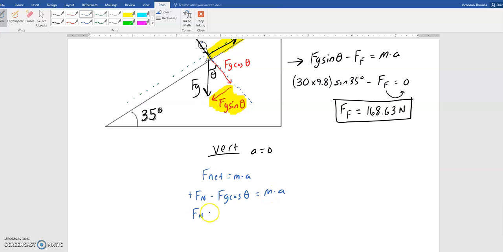And then Fn minus 30 times 9.8 times the cosine of 35 degrees is going to equal 0. And then to get Fn by itself, all I would do is just bring all that other stuff to the other side. So basically Fn is equal to 30 times 9.8 times the cosine of 35. And I get 240.83 newtons.